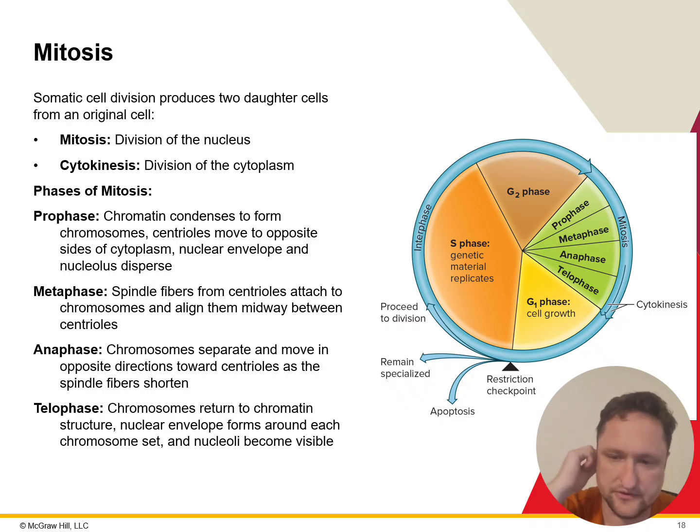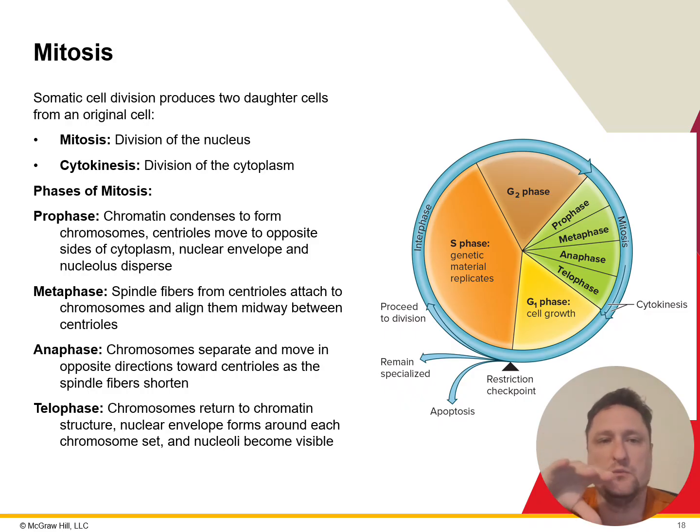All right, let's move on to mitosis. Mitosis is the process of nuclear division that produces two genetically identical daughter cells. It occurs in four distinct phases.